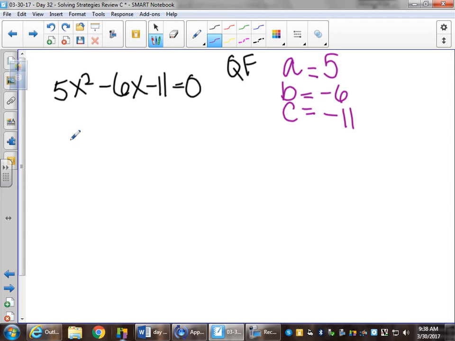Shamar? All right, Shamar, good catch. How am I going to plug this into the quadratic formula? We're doing quadratic formula, so we have negative b as our first part.